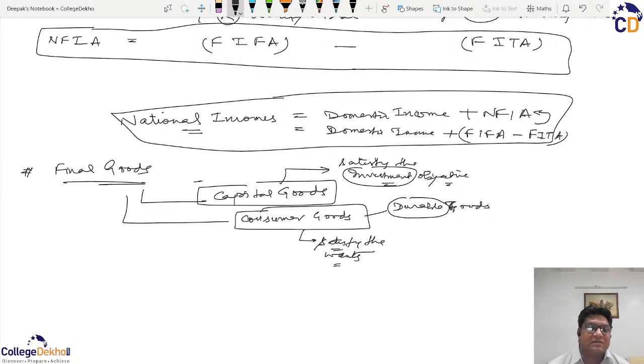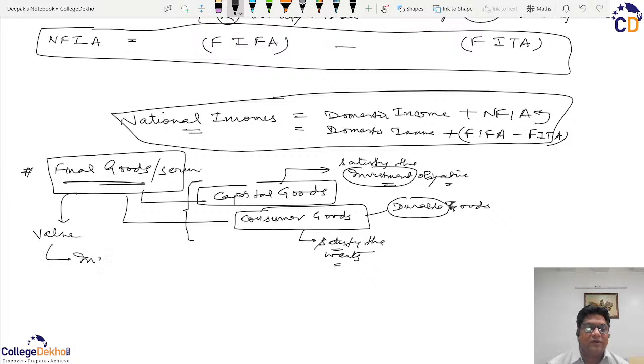But in both the cases, that is not much important for our discussion, because they both are final goods, and the final goods will be included, that is their value, whether they are goods or services, their value will be included in national income or domestic income.